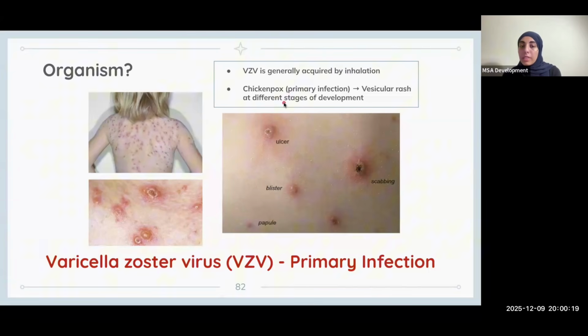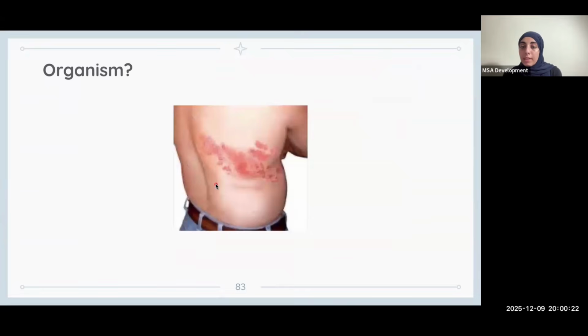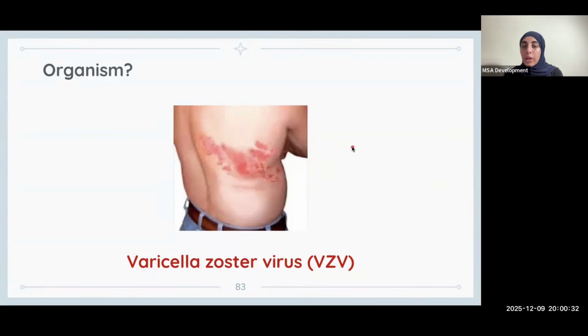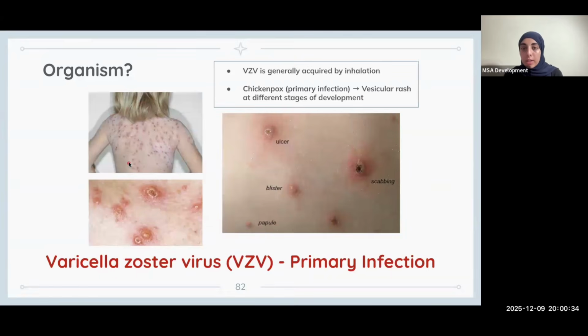So primary infection of varicella is chickenpox, and the secondary infection is shingles. And again, because it's part of the same family as herpes simplex, it's gonna have the same latency that it had. So this child who got chickenpox when they're a kid, once the chickenpox is treated and they're fine, they don't have any more rash, the virus is still hiding in their dorsal root ganglia.